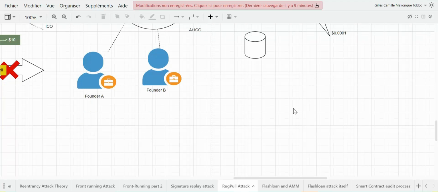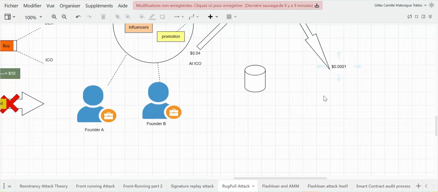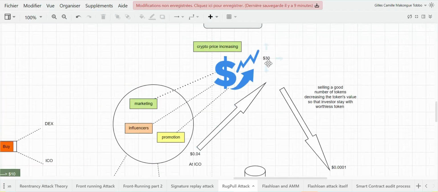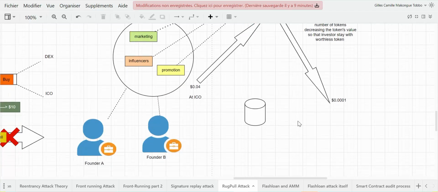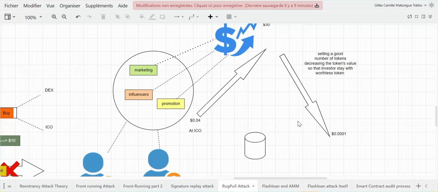It is possible because these founders and other people in the community have a large number of tokens compared to those who bought the token at $30. Once you start selling in bulk, the price is going to decrease. That is what you need to understand.